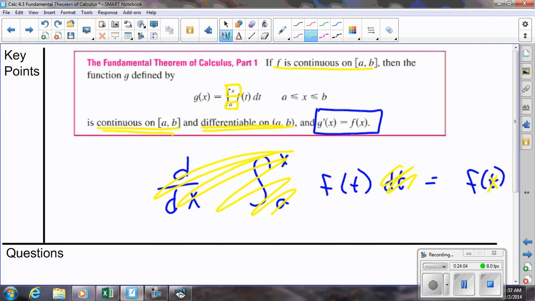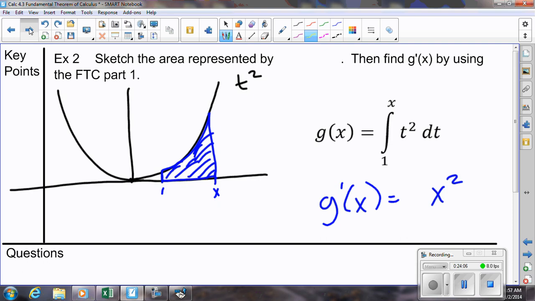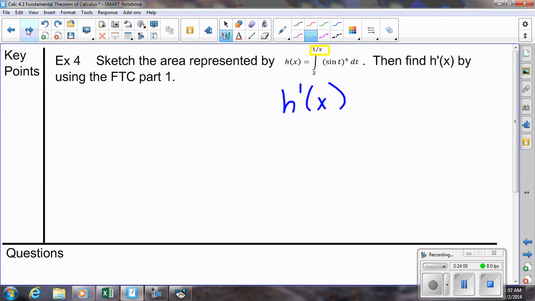So our challenge then becomes, since we have 1 over x, how do we make it work? In order to do that, we're going to use a change of variables. Let the number u be equal to 1 over x.